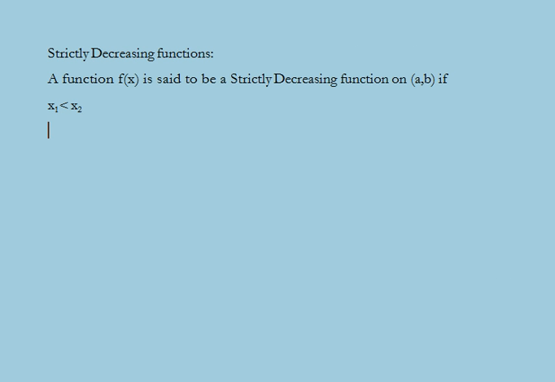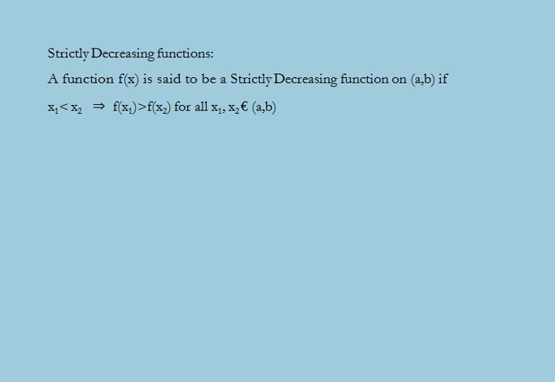Next, we are going to consider a strictly decreasing function. A function f(x) is said to be a strictly decreasing function on interval (a, b) if x1 is less than x2 and f(x1) is greater than f(x2) for all x1, x2 belonging to interval (a, b).